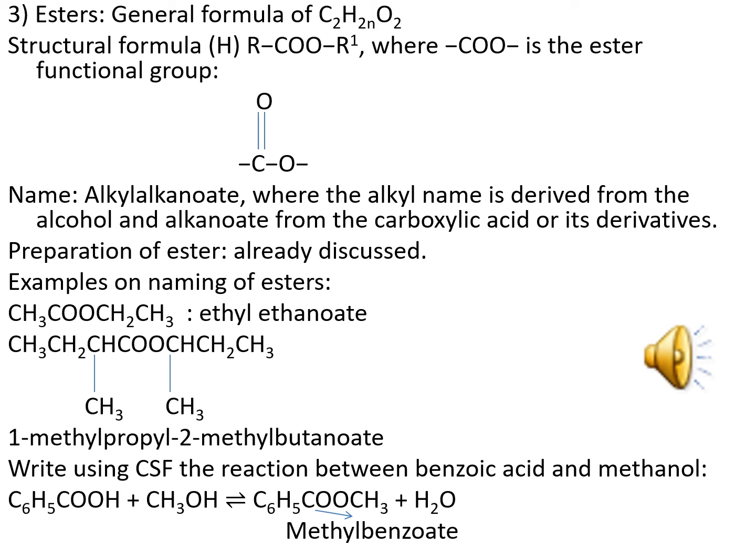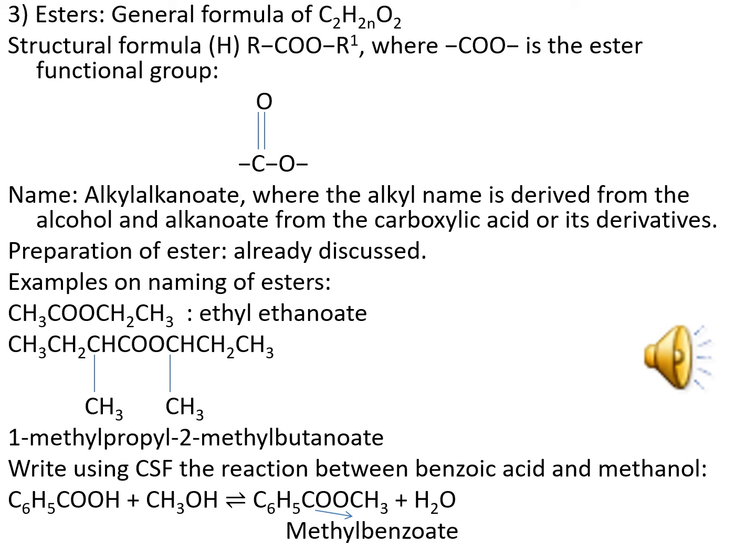But the C bonded to CH and CH2 and CH3 has 4 carbons, while the C bonded to the CH and CH3 has 3 carbons. So the main chain right here contains 4 carbons, and the methyl just becomes a branch on this main chain, and it is located on the second carbon. Therefore, the other part of the name is 2-methylbutanoate.